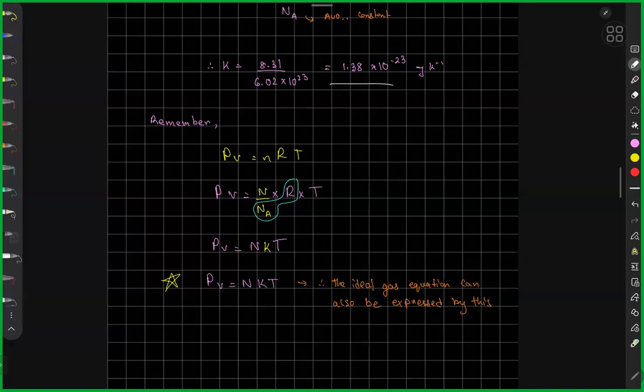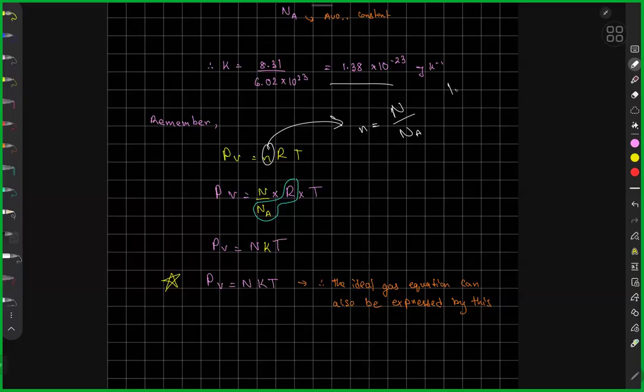Now, what do you need to understand in terms of the derivation right now? Do you know the ideal gas formula? Yes? Then great. If I break this down, when explaining moles, did I show you that mole is equal to the number of particles available divided by Avogadro's constant?